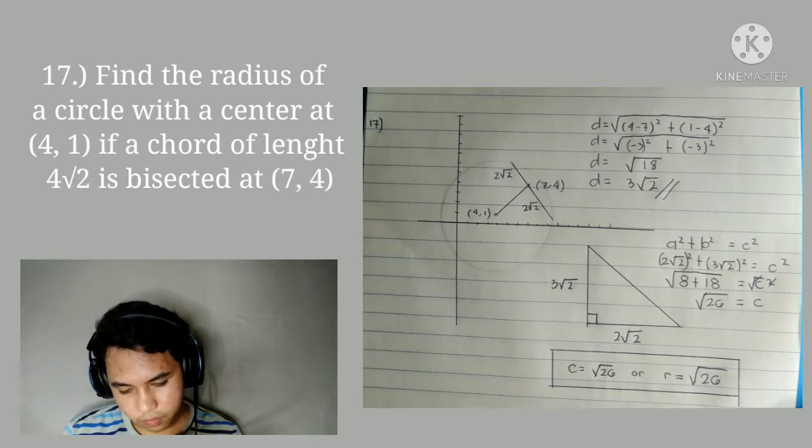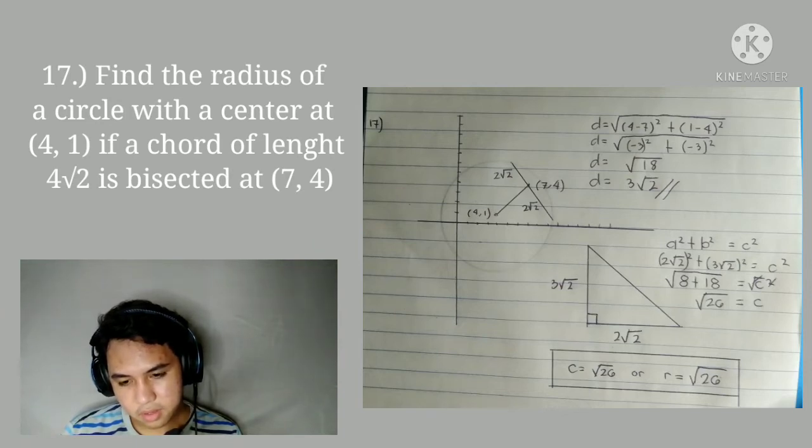So now we can solve. We have 8 plus 18 equals c squared. We then take the square root of both sides to cancel out the exponent, so we have the square root of 26, which is our c.